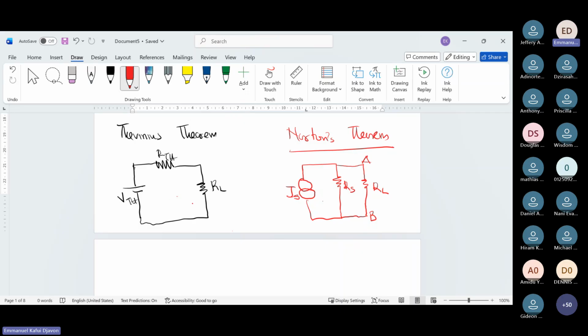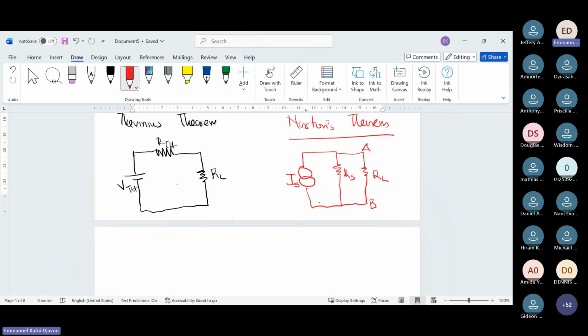For Thevenin's theorem, when you finish resolving that linear circuit comprised of passive elements, you draw this equivalent circuit to look for the current in the load resistor. But when you come to the Norton theorem, you have the current source, you have the RS, which is the Norton equivalent resistance, and you have the load resistor. So you'll be able to calculate the current in the load resistor.